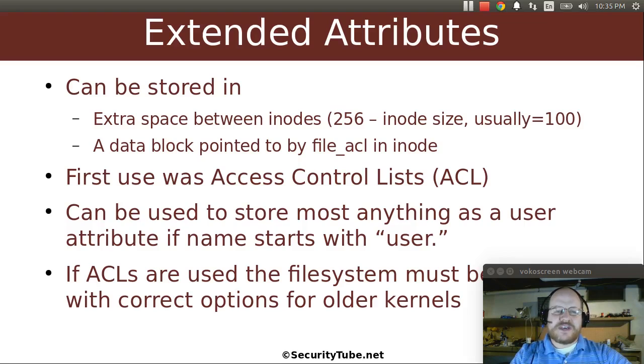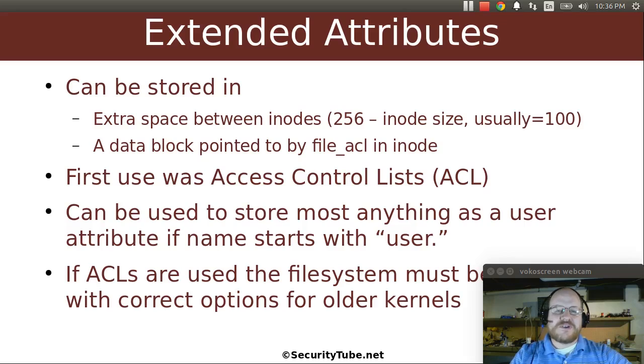Why is it called that? The reason it's called that is the first use of extended attributes was in fact for ACLs, access control lists. However, you need to realize you can use this to store almost anything as a user attribute as long as the name starts with user, period. You are fine.